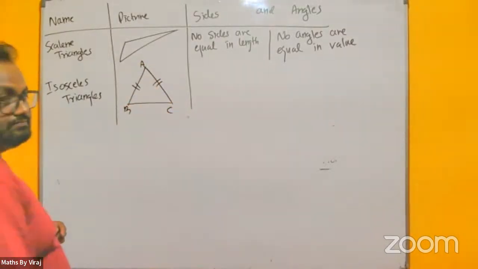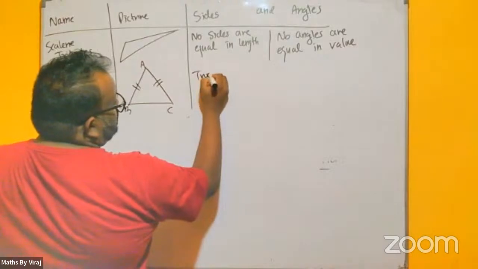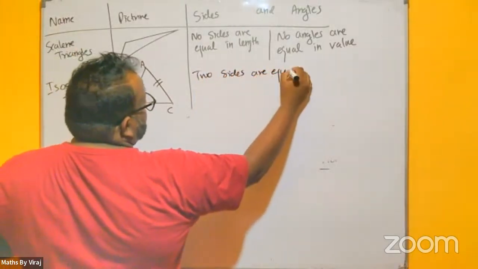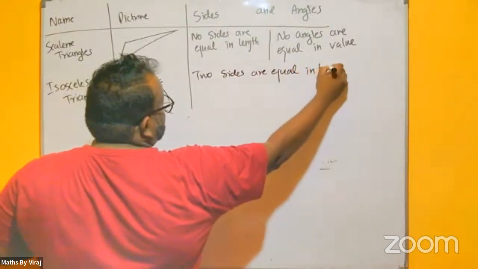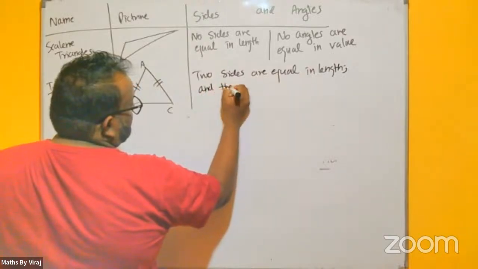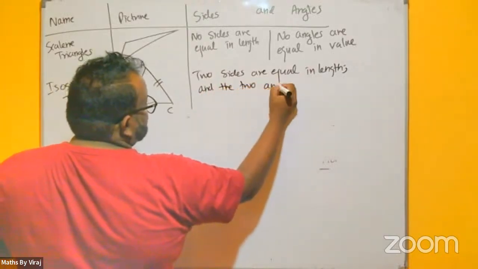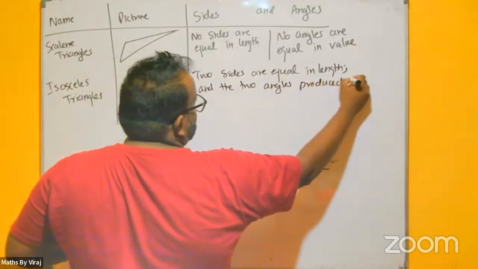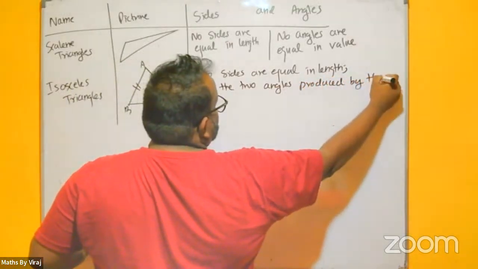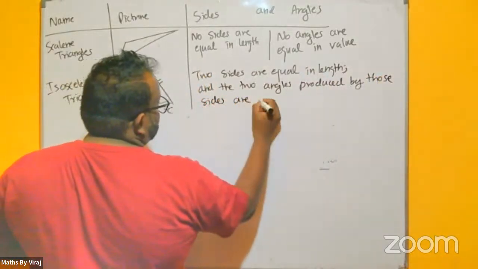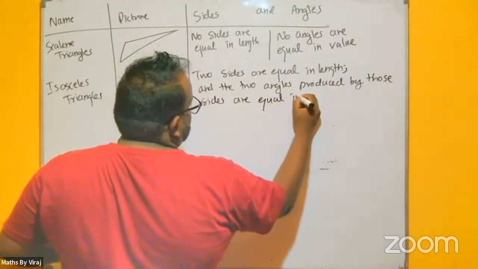We say two sides are equal in length and the two angles produced by those sides are equal in value.